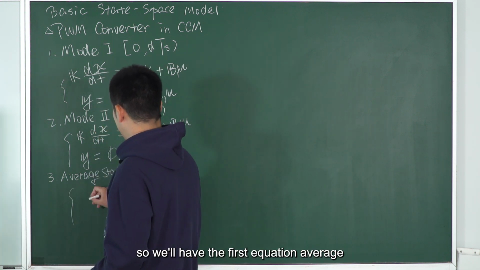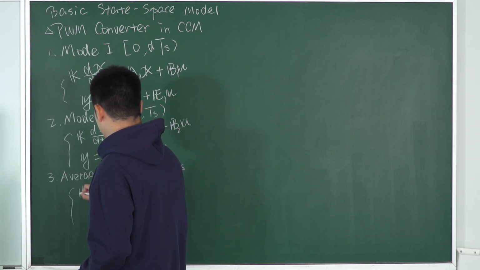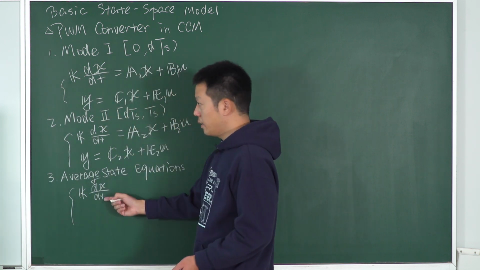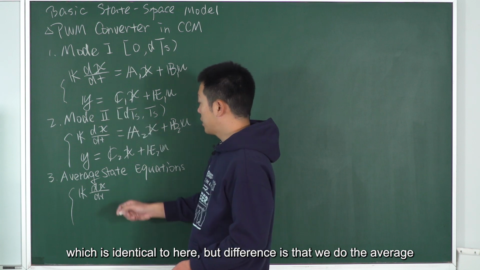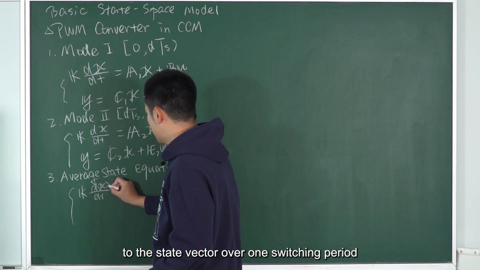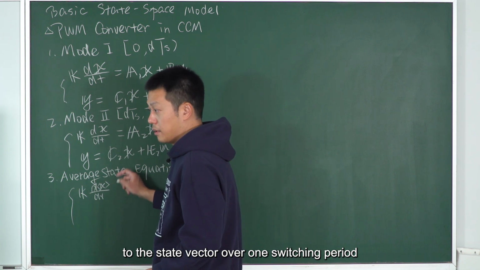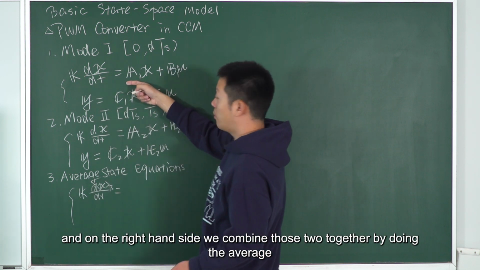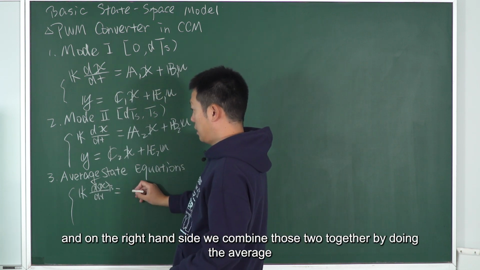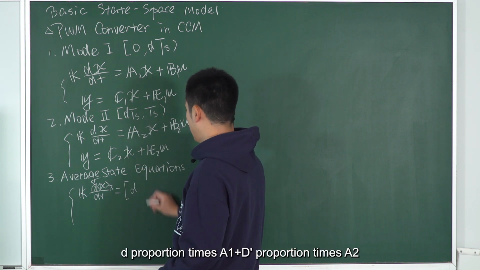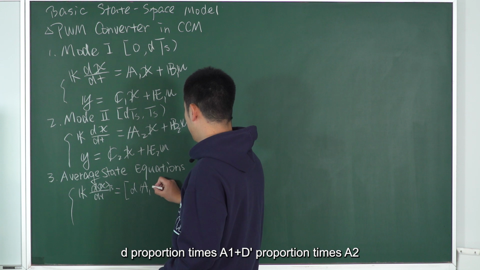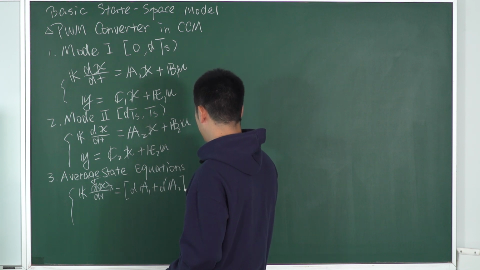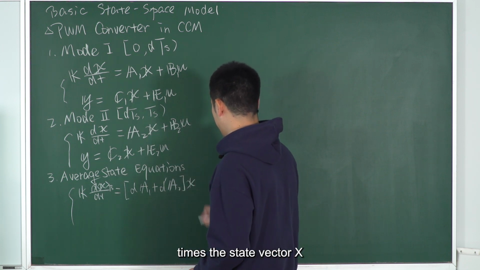We'll have the first equation, the averaged K dx/dt, which is identical to the earlier one, but the difference is that we average the state vector over one switching period. On the right-hand side, we combine those two together by averaging. So this will be D times A1 plus D prime times A2, times the state vector x.